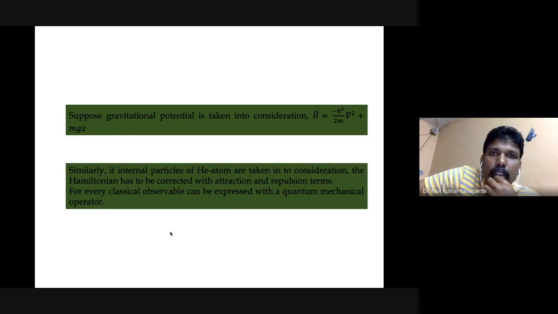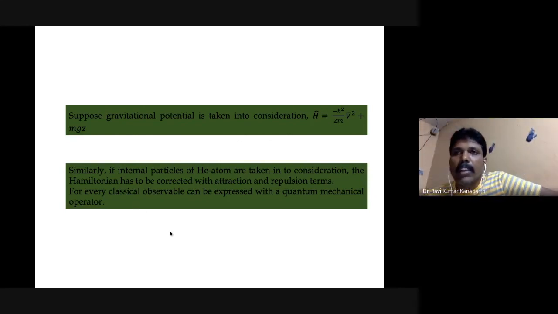So mgh is the conventional form, with z representing the height of the particle from the ground. In principle that is there, but in general notation we don't write it because the mass of the particles we are dealing with is very small.